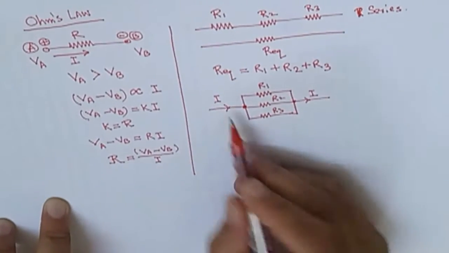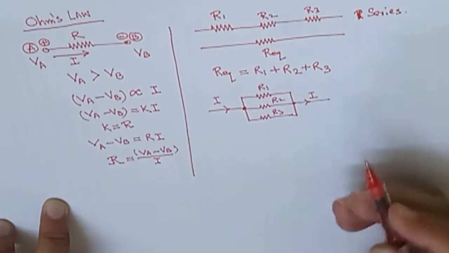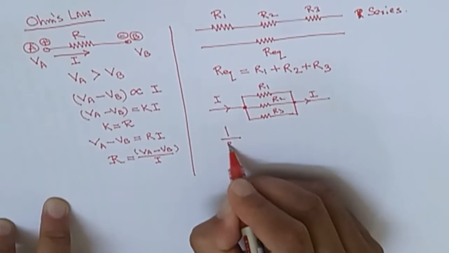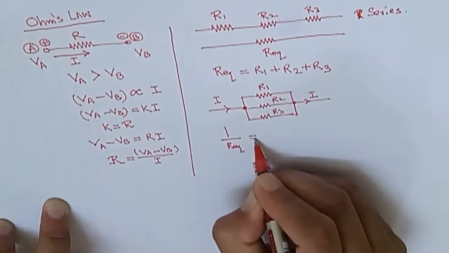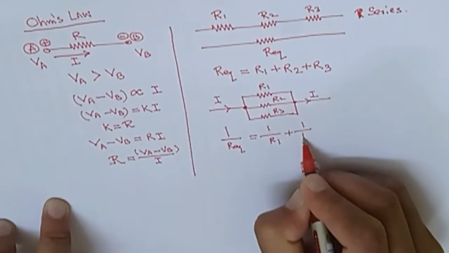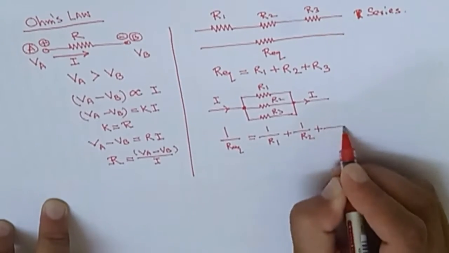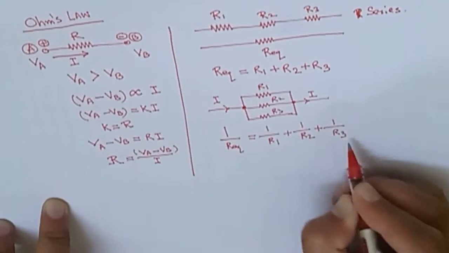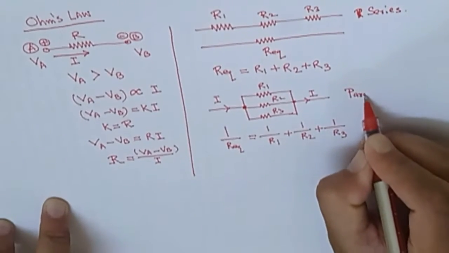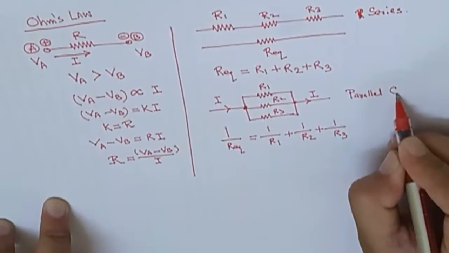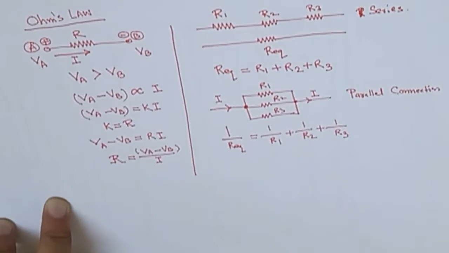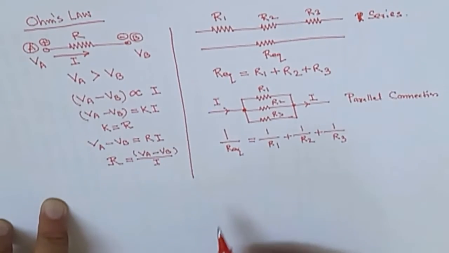So whatever current is entering, the same is leaving. Now if we put R equivalent, the formula is 1 by R equivalent equals 1 by R1 plus 1 by R2 plus 1 by R3. So this is the parallel connection for our resistances.